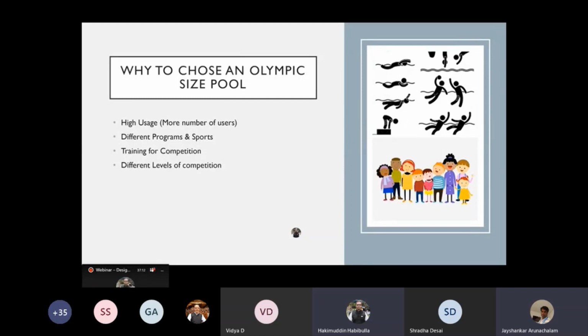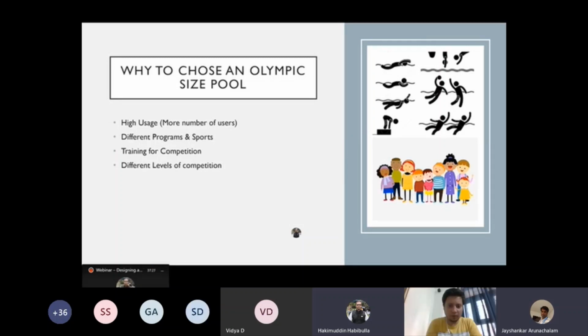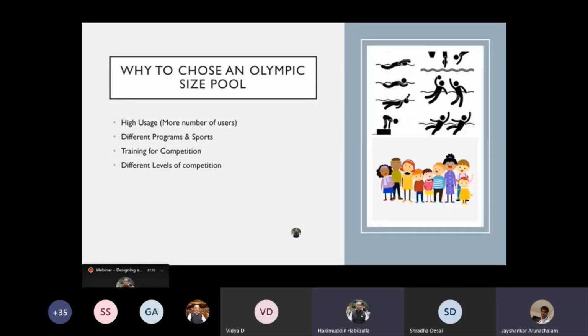Another big reason why 50-meter competition pools are built is competitive training. Today there is a growing number of swimmers across the country looking at competing who would like to have the basic infrastructure, which includes the length of the pool, to train for competition. So 50-meter pools are being built to support those who want to compete.